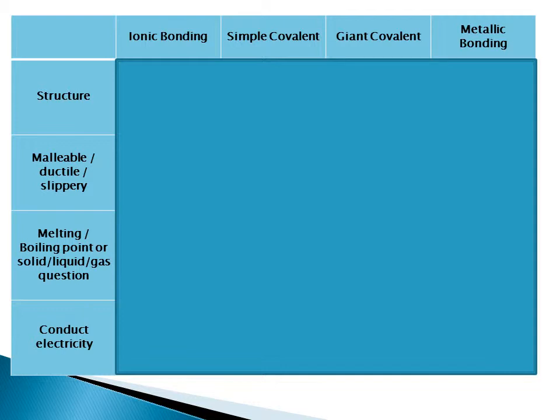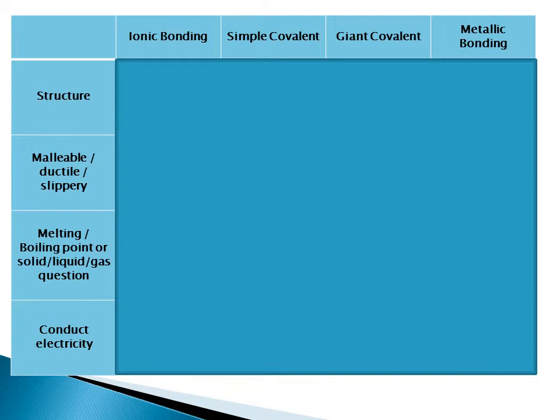Now there's the tricky bit. How do you know if it's a simple one or a giant one? Actually, that's quite straightforward. There's only 2 giant ones that you're likely to get asked for, and they're both carbon structures. So if you get diamond or graphite, or on a very rare day Buckminster fullerene, it's giant.